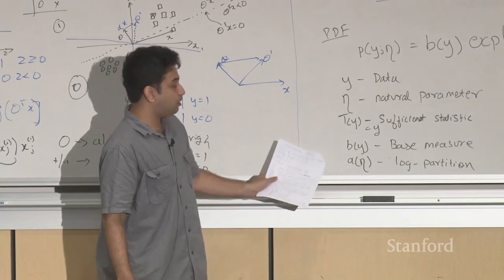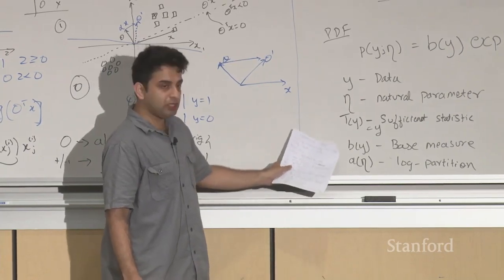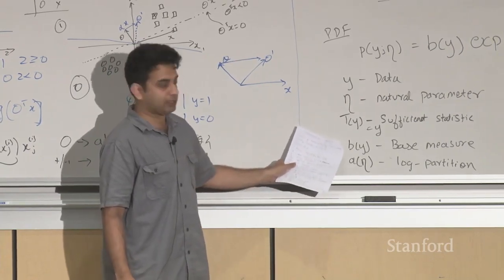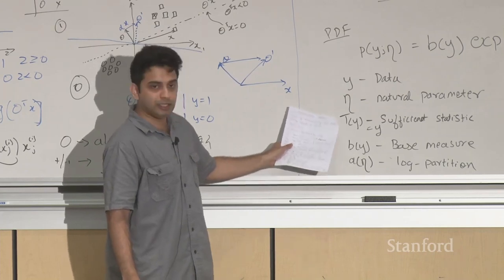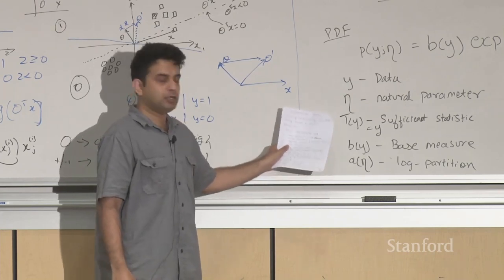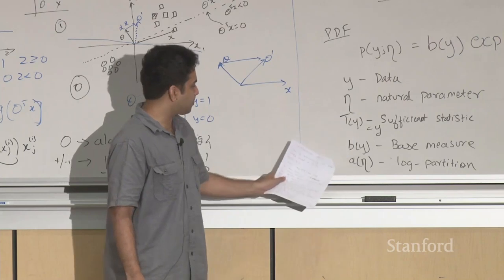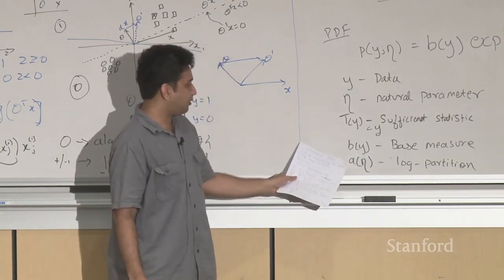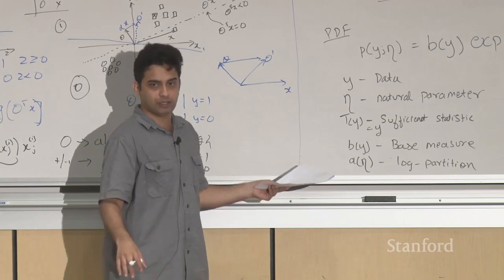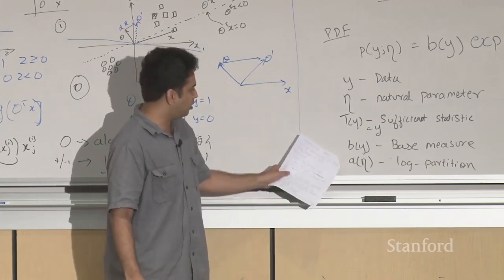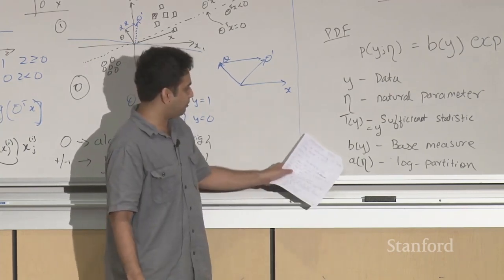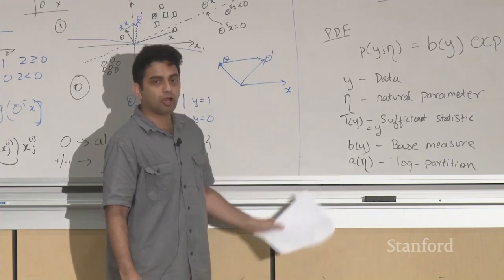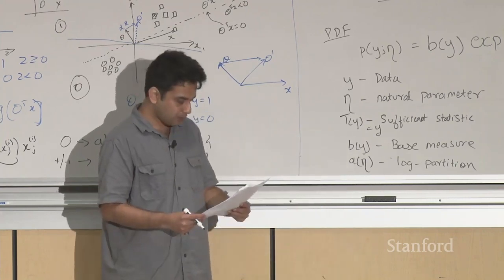B of Y is a function of only Y. This function cannot involve eta, and similarly, T of Y cannot involve eta. It should be purely a function of Y. B of Y is called the base measure, and A of eta, which has to be a function of only eta and constants, with no Y as part of A of eta, is called the log partition function.